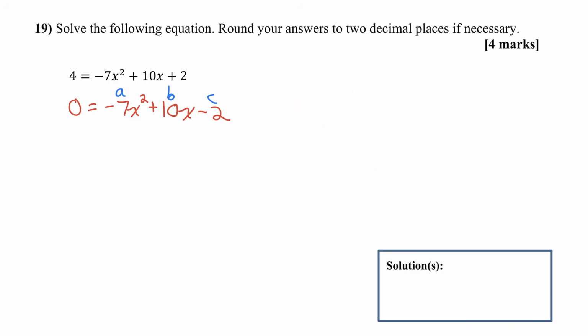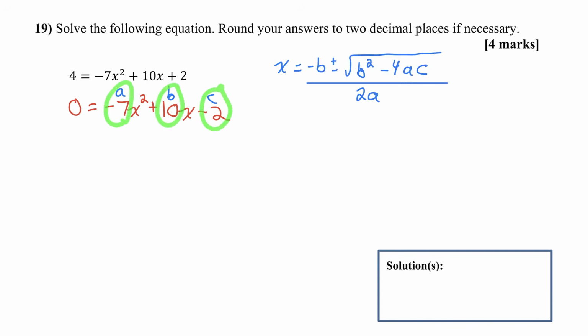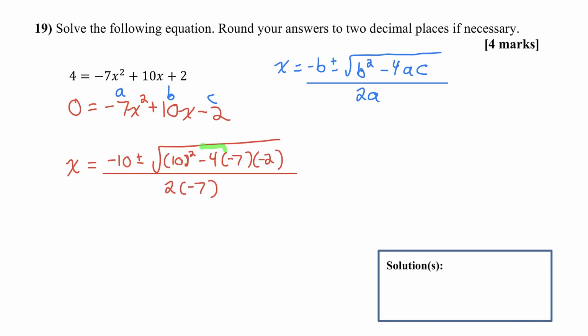So I'll remind you of the quadratic formula off to the side here. If I sub my a, b, and c values into the quadratic formula, I'll first want to simplify what's underneath the square root to see if I'm actually going to be able to get any answers. If I evaluate this, I get 44. The fact that this is positive tells me there are going to be 2 irrational answers to this equation.